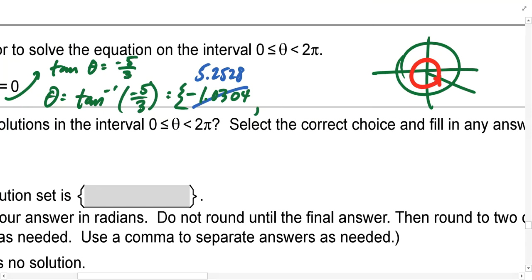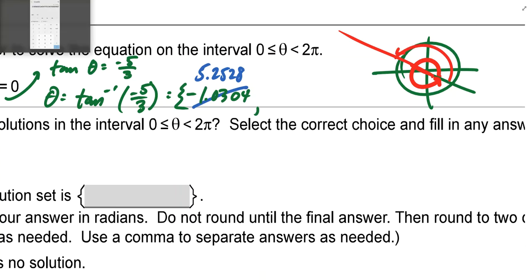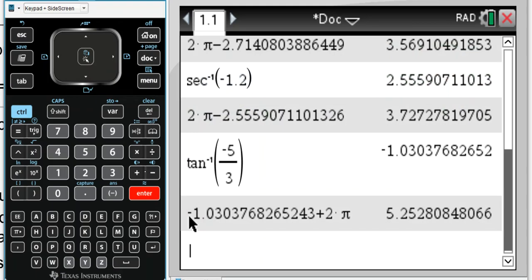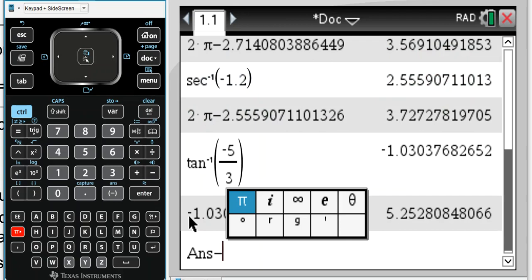Now, the other angle measure that also contains a negative tangent result is going to be over here somewhere, the half circle opposite of that. So now that I have 5.2528, I'll go ahead and subtract 1 pi, or half of a circle, from it.